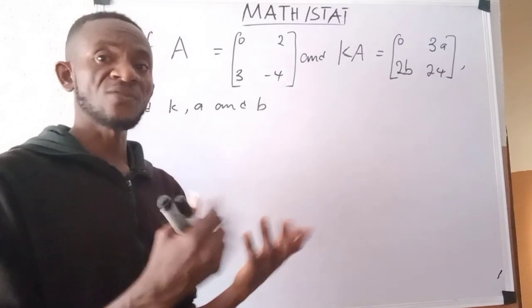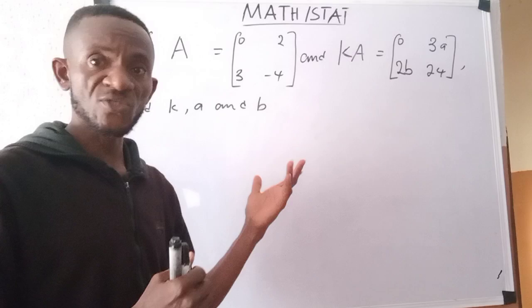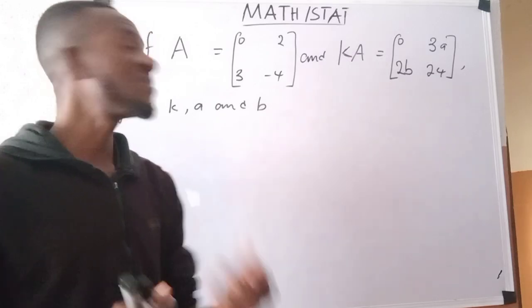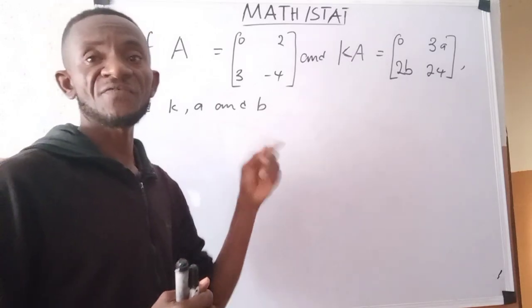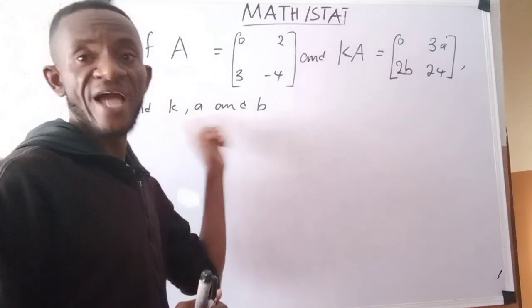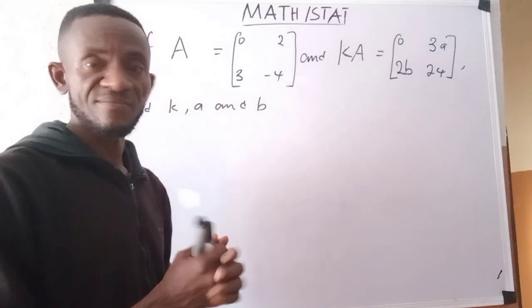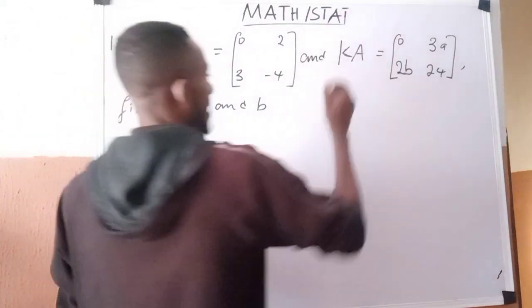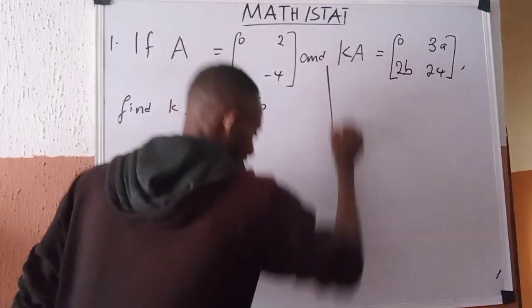So I'm going to call that knowledge up. We solve it together, and before we know it, we are at the values of A, B, and K.